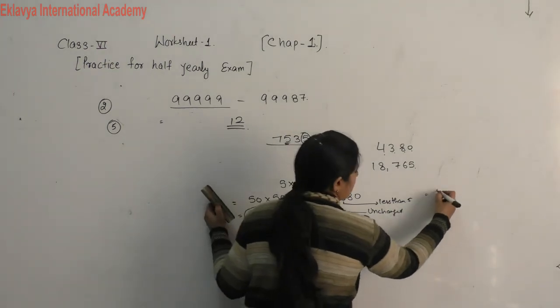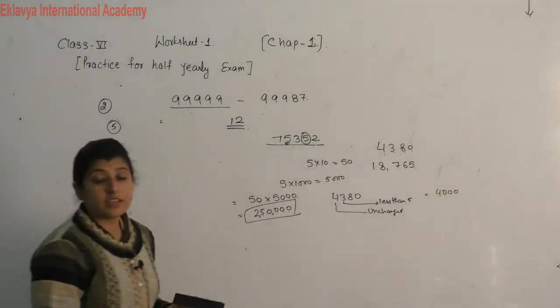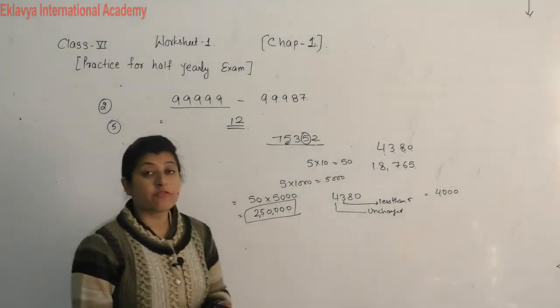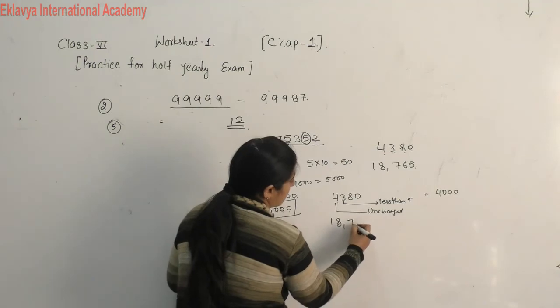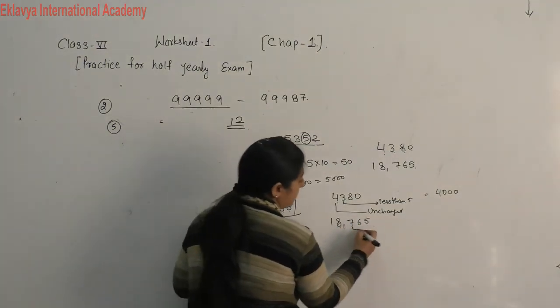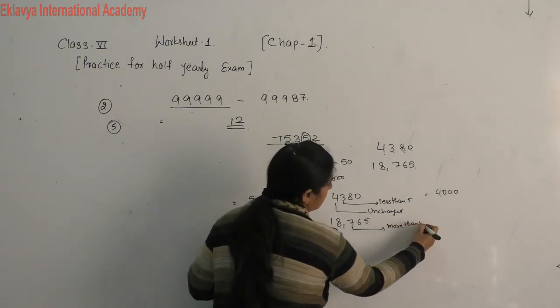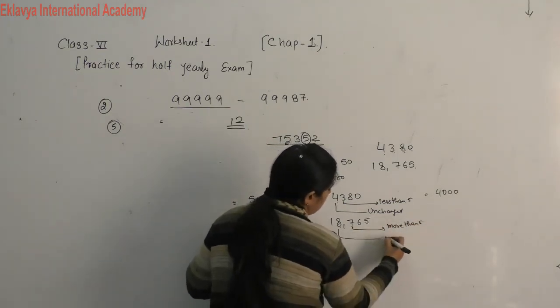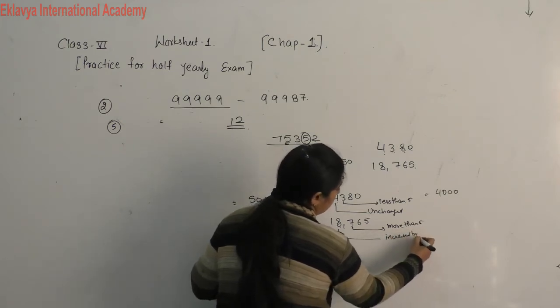It means the nearest thousand becomes 4000. In this case 18,765, nearest thousand, see this digit, more than 5. It means this one is increased by 1.